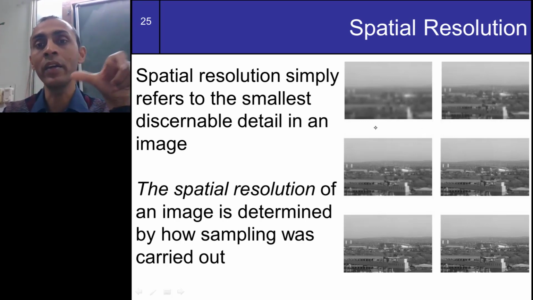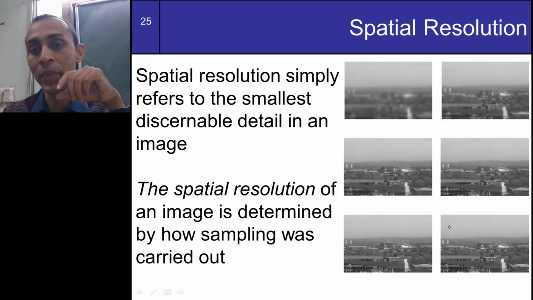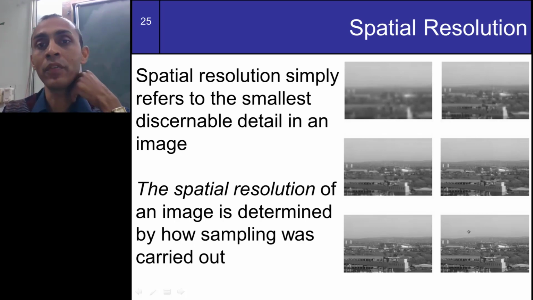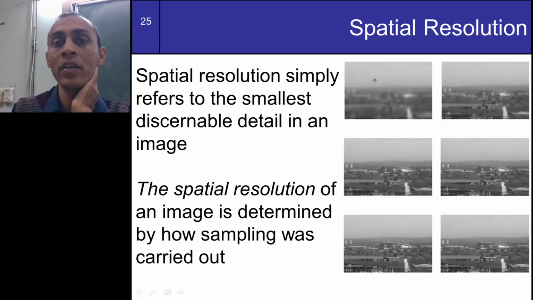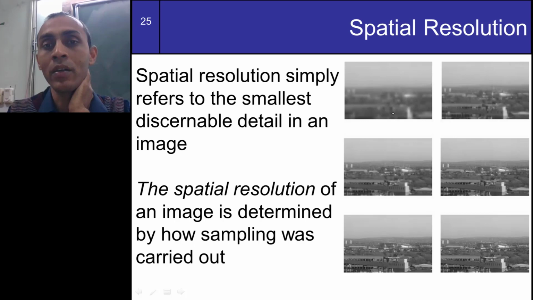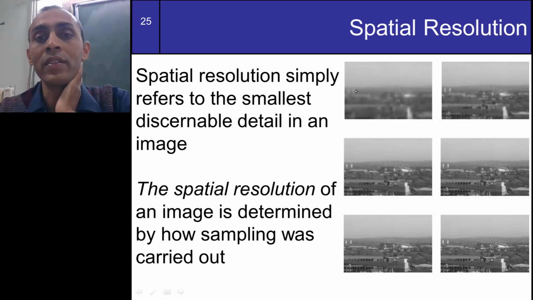So these are different spatial resolutions of a particular image captured in a digital image. You can see this one has low spatial resolution, probably because the sampling was carried out sparsely. We can see the details are not at all visible.